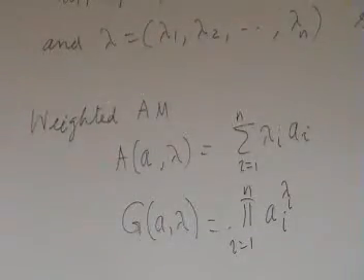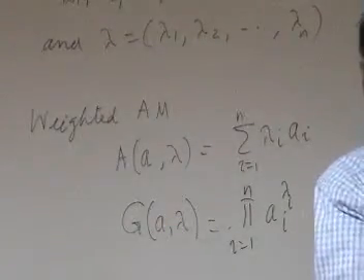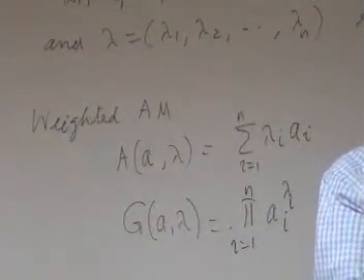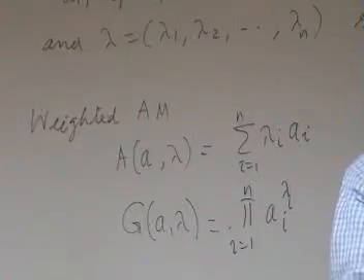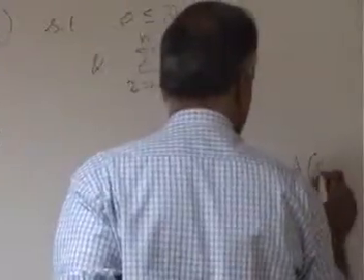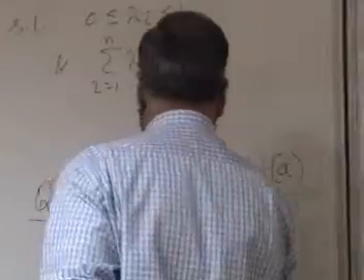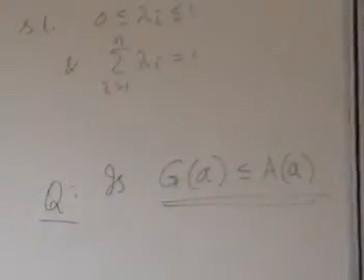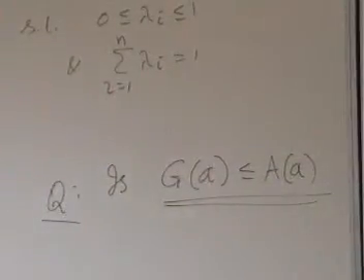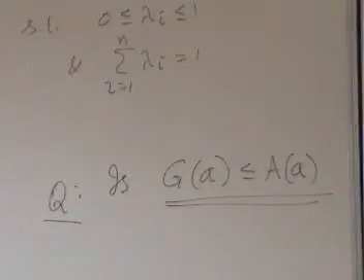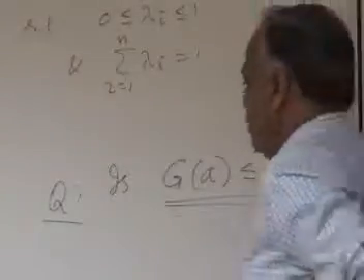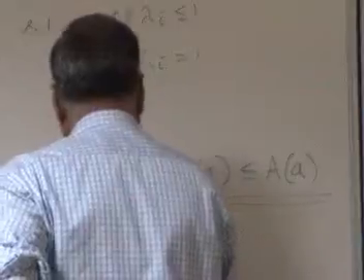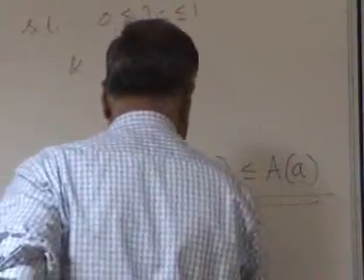Question: does the arithmetic mean-geometric mean inequality hold still? Is Ga less than or equal to Aa? And of course, equality if and only if all the numbers are equal. Now, the answer is this.